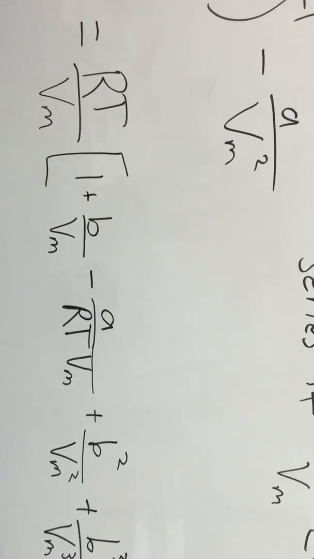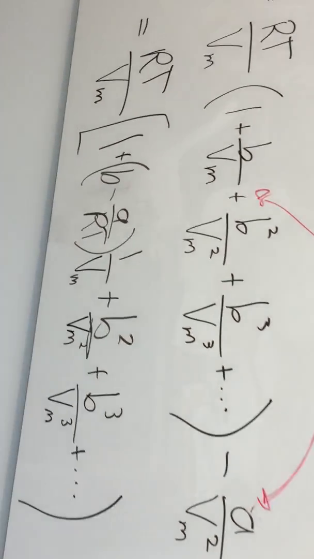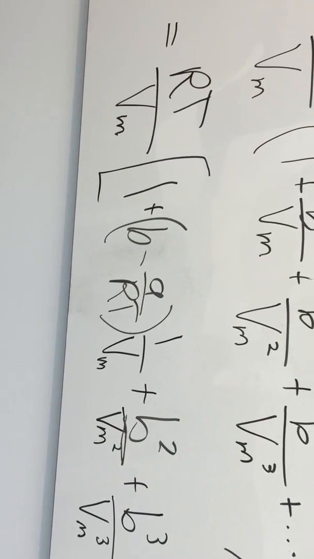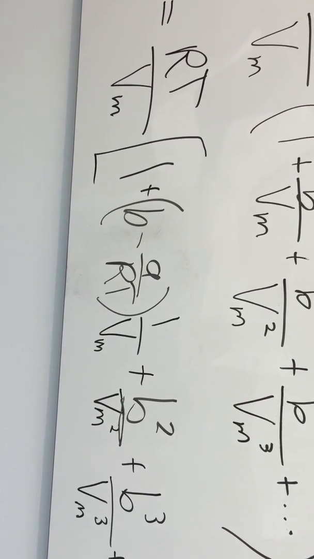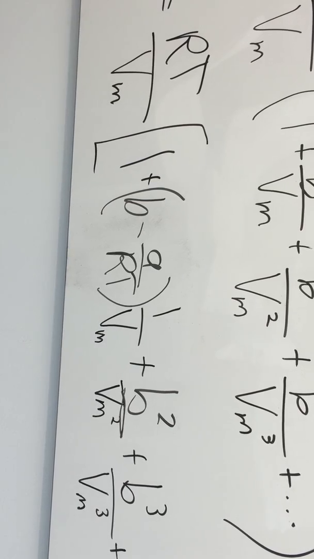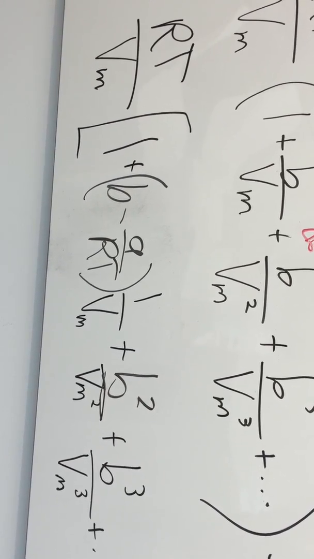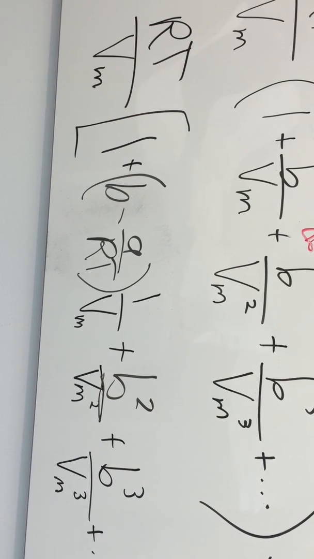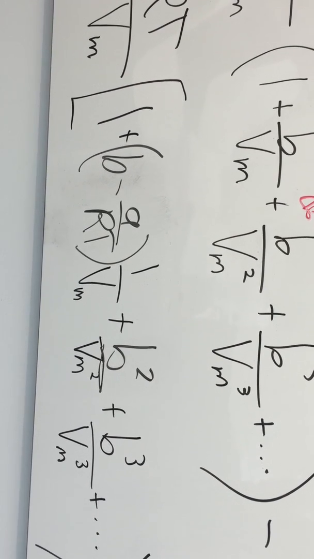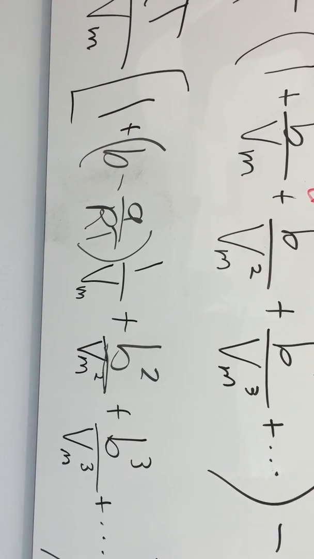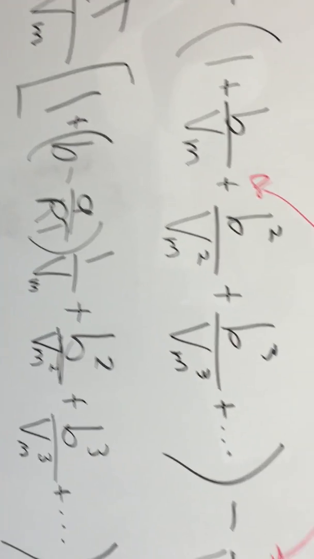Rearranging this so that it's maybe a little easier to see in terms of our ascending powers of 1 over V molar. We have B minus A over RT all multiplying our 1 over V molar term, and a B squared times our 1 over V molar squared term.